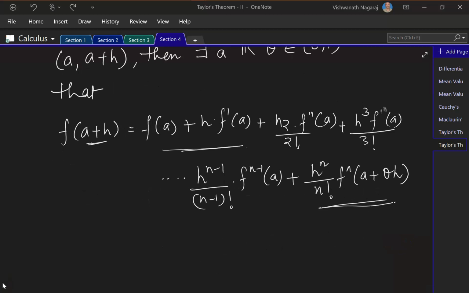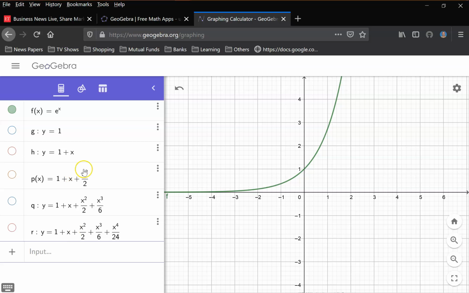Now let's look at the graphic. Okay, now you see this is e to the power of x. Now I remember the expansion 1 plus x square by 2 plus x cube by 6. Okay, this is the first term only, right?